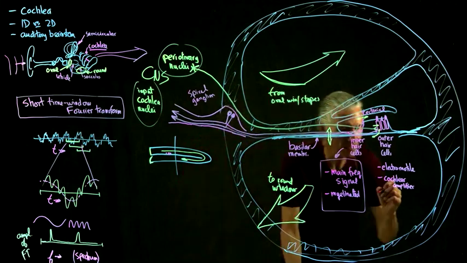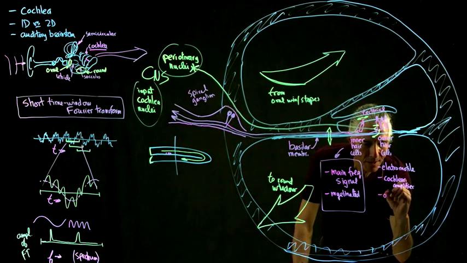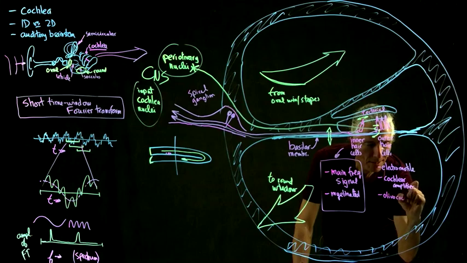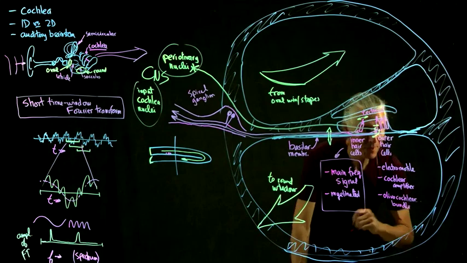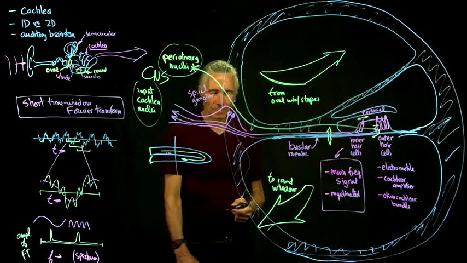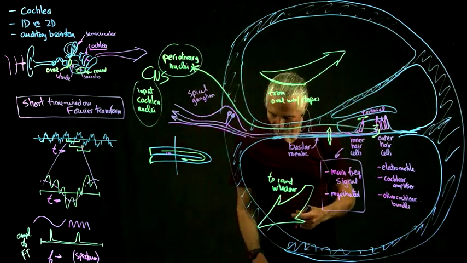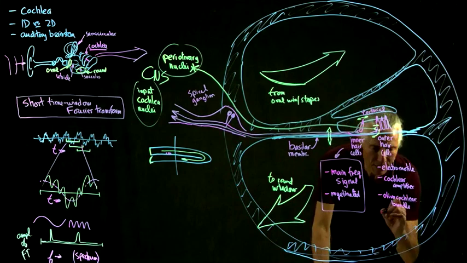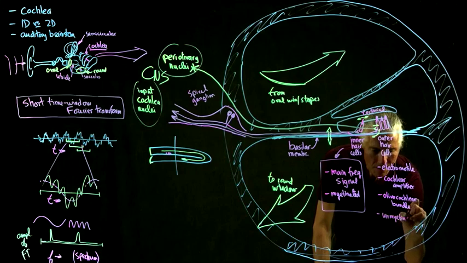That's the olivocochlear bundle, those axons that are coming from the central nervous system and synapsing on the hair cells. And these guys are unmyelinated. The input fibers are unmyelinated.